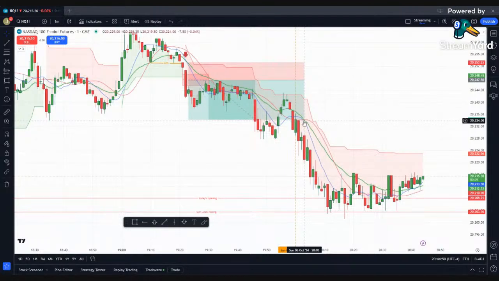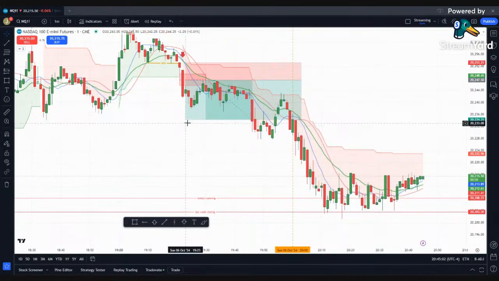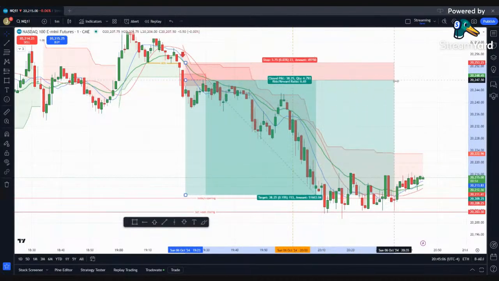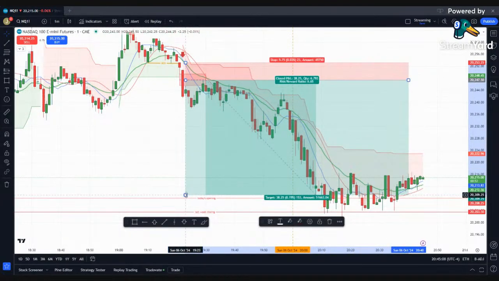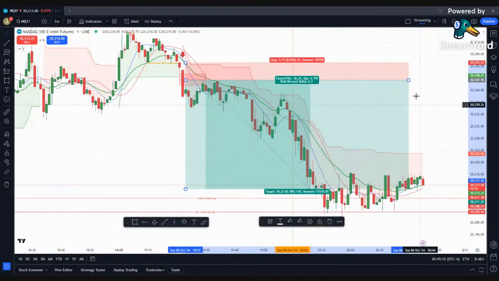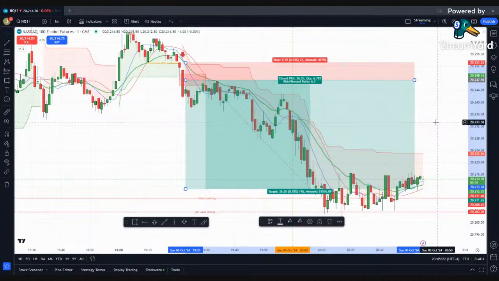Option number two is when the blue line crosses the green line, because that's our signal to enter the market, right? So if you follow option number two, by this time you're already exited, you're already not in the market, because we have this cross here.